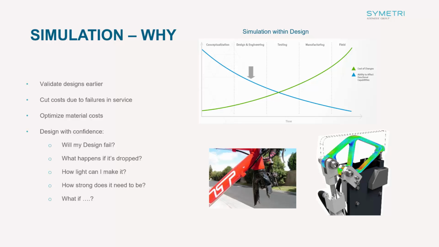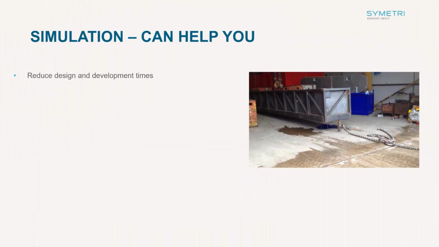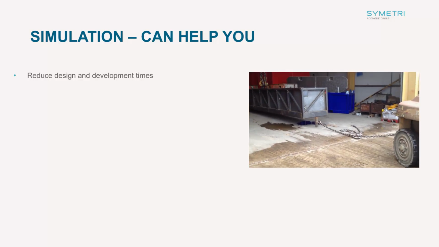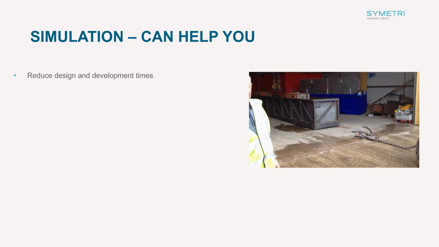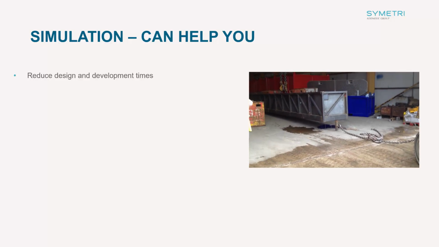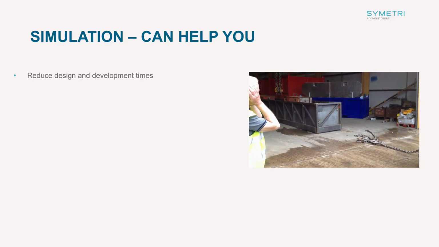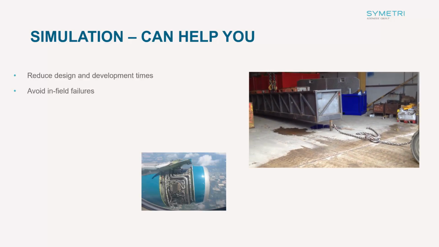What we have seen with our own customers, and how traditionally we've seen industries working, is they tend to do a lot of testing or physical prototyping, as you can see within this video on your screens. The idea with simulation is to reduce your design and development times, and save you the hassle of having to physically test your product, ensuring that there's quality within your designs and within the products you manufacture, avoiding in-field failures.